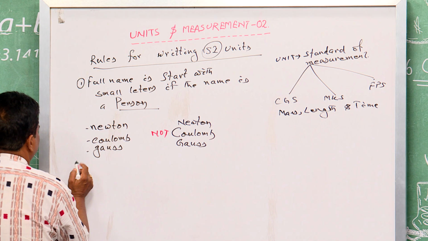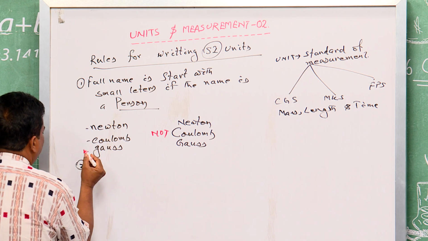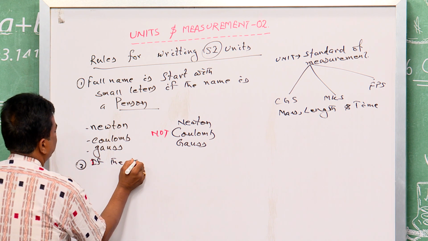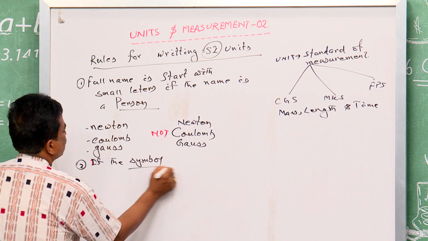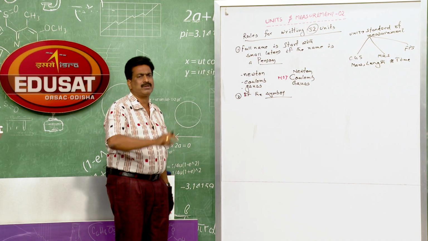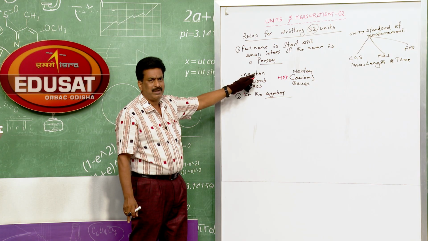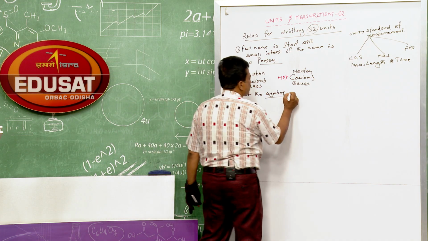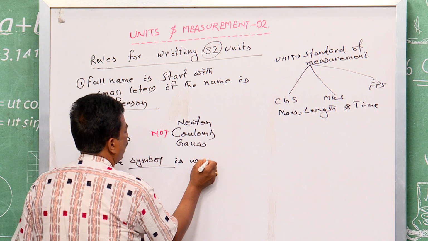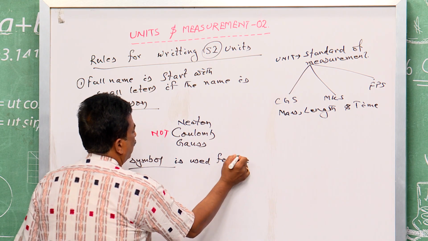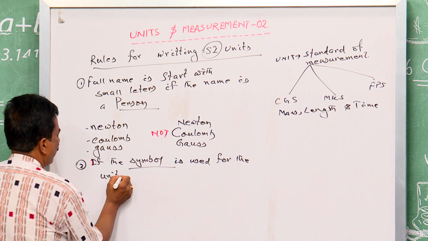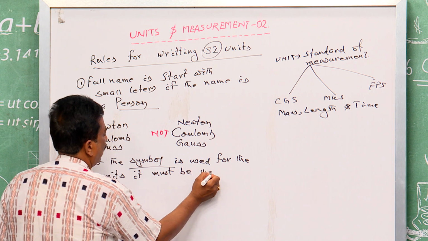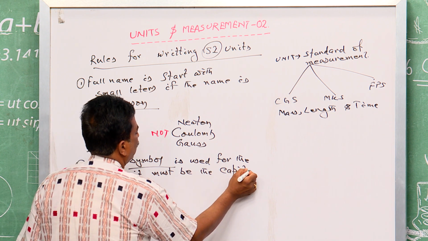Then the second one. This is the difference which I want to explain now. Here we used the full name newton. Instead of using the full name, if a symbol is used for the units, it must be a capital letter.